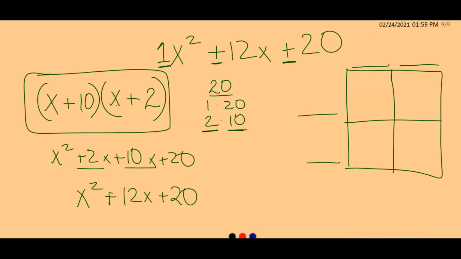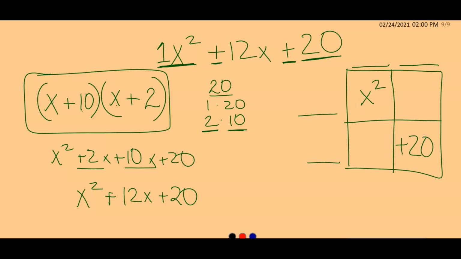So now let's do the same thing over here for the area method. Now recall, the area method, we write the A term in the upper left, so that's going to be x squared. And we're going to write the C term in the lower right, so that's positive 20.